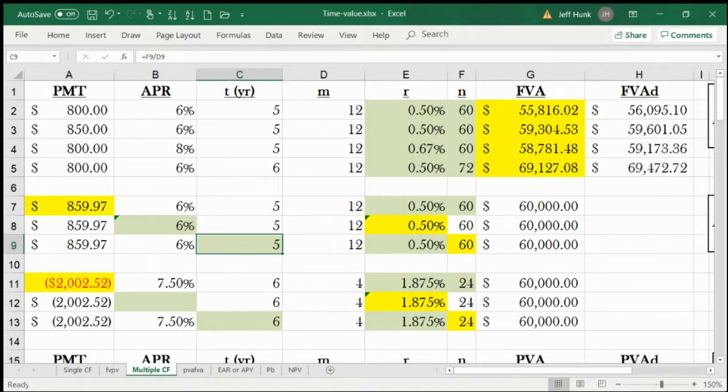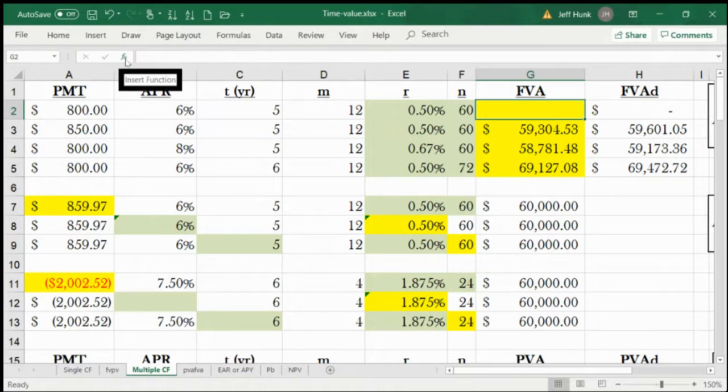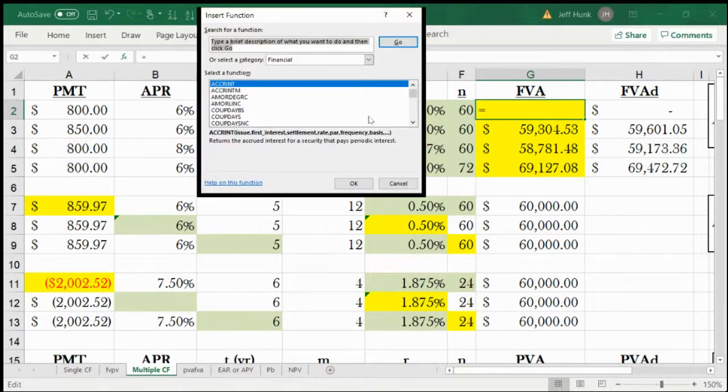Now, since I showed you the Excel's built-in function, we can also do it using Excel's built-in function. For example, let's say I don't have this, right? I just don't want you to rely on that. Let's go to Excel's built-in function.